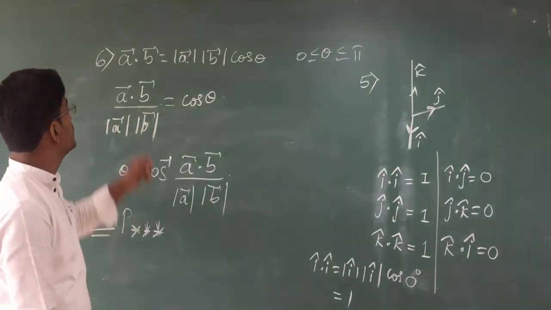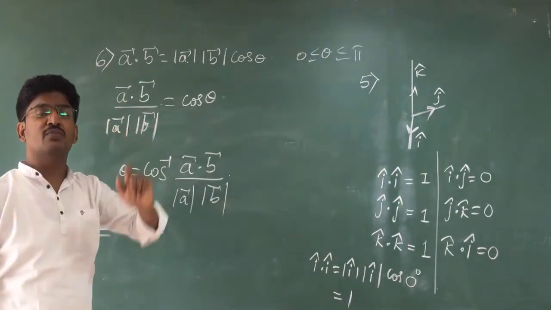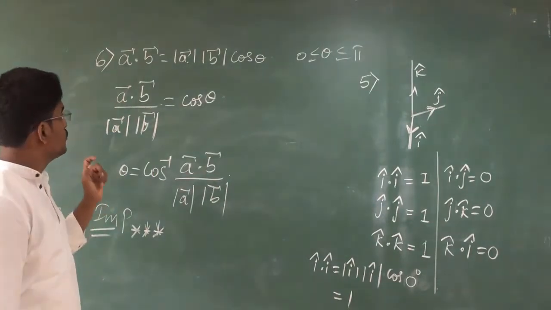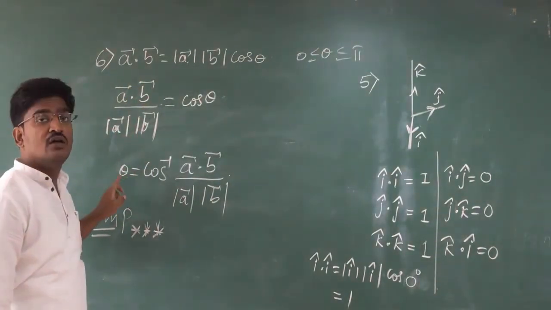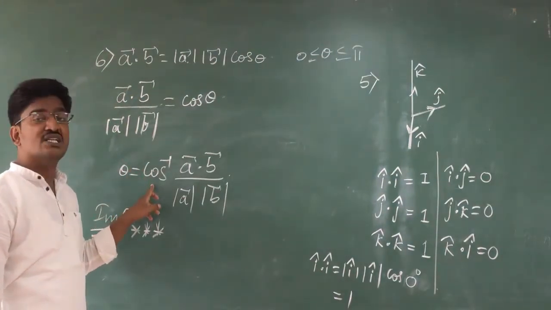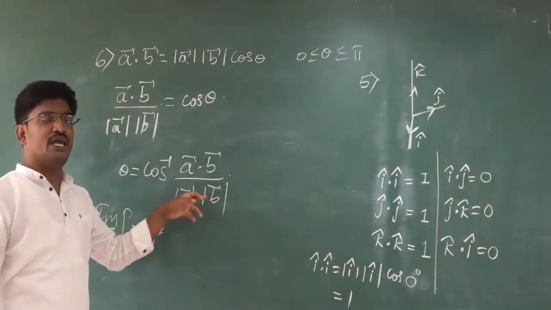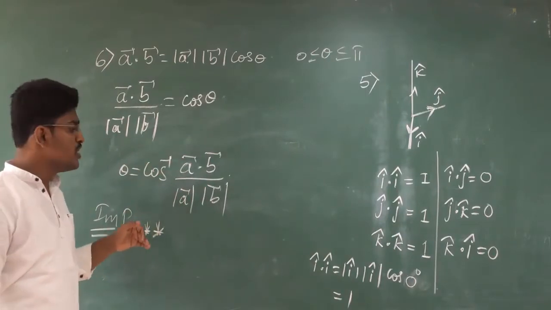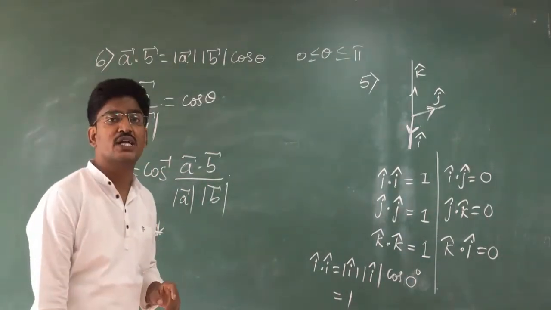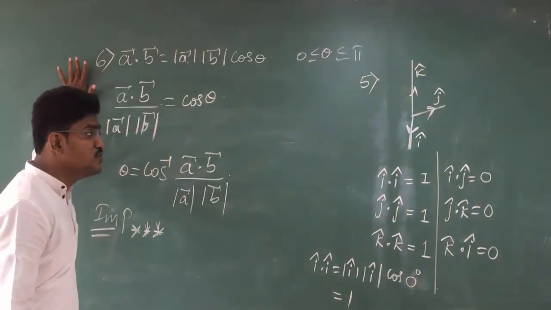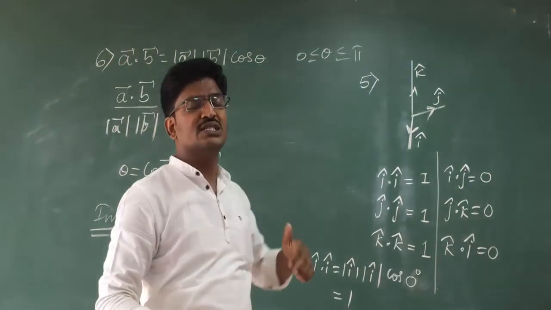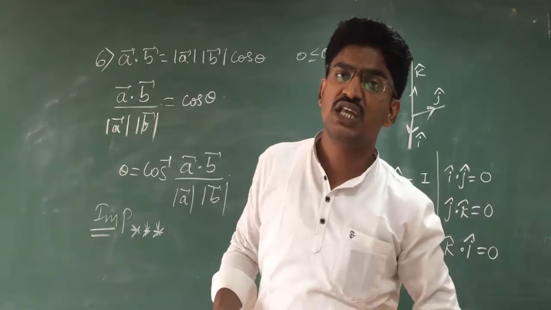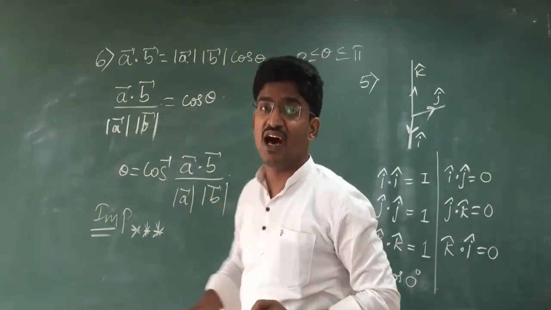Finding the angle between two vectors. Which two vectors? A and B. So if A and B are the two given vectors, to find the angle between A and B, you have to use the formula theta equal to cos inverse of vector A dot vector B divided by magnitude of vector A into magnitude of vector B. So this is the sixth observation. I have already discussed three observations in the previous class, and three observations in this class.